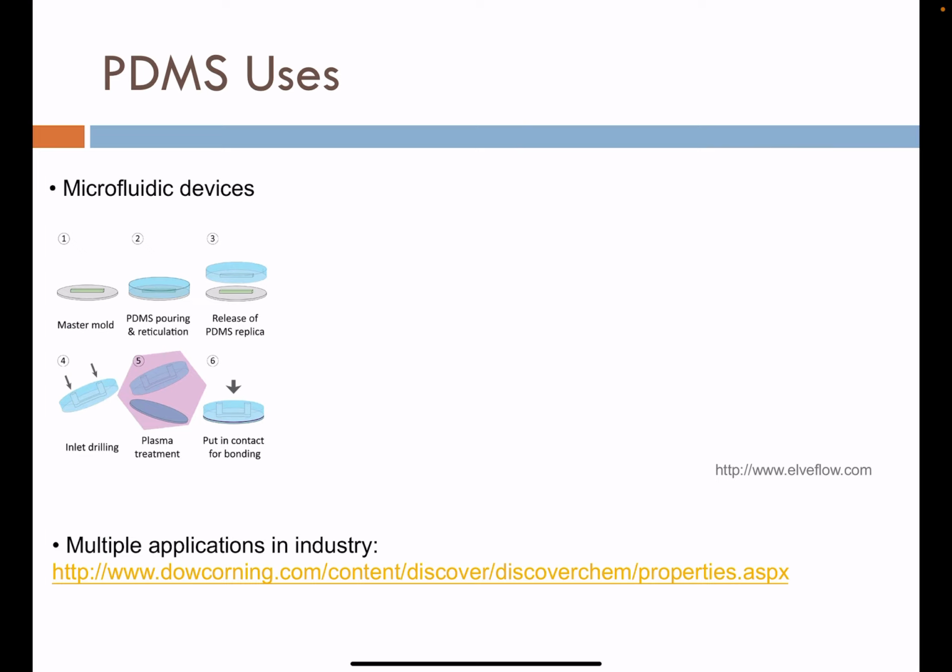Other PDMS uses include microfluidic devices, where you can see now how a master mold could be used to transfer a channel into a PDMS that has been poured and cured over top of that. So our little green bar here provides a trench in the cured PDMS that's released from that replica, or from that mold as a replica. Drilling can then be done to apply tunnels from the top through to that trench that's inset into that PDMS.